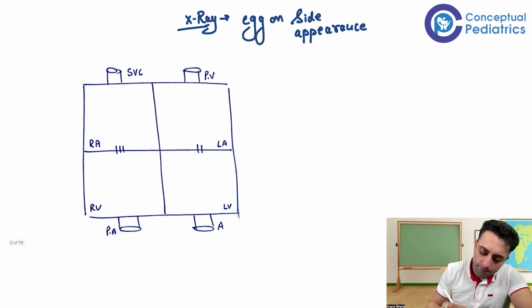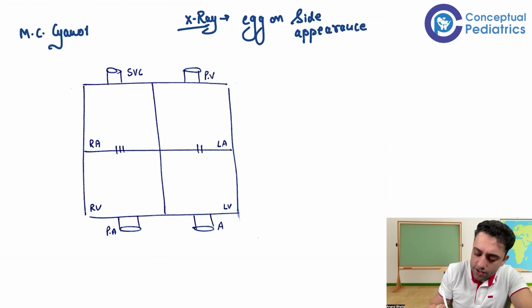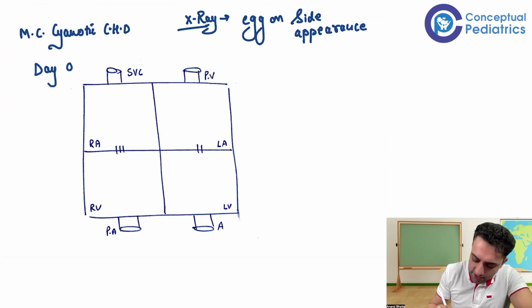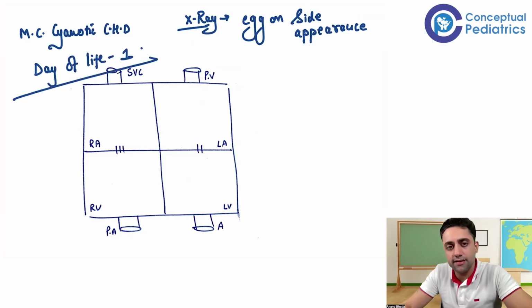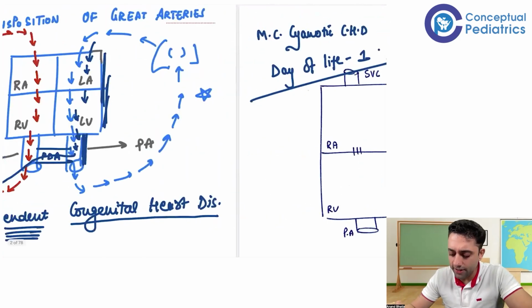And also TGA is the most common cyanotic congenital heart disease on day of life 1. A 1 day old baby, cyanotic. Can I say the baby will be cyanotic?